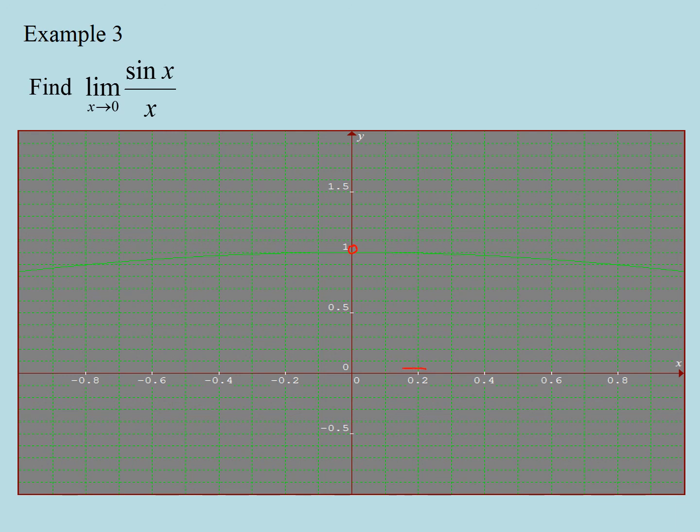If x is approaching 0 from the right, y is approaching 1. If x is approaching 0 from the left, the y values are approaching 1. Therefore, this limit does equal 1. It does not matter that the function is not defined at 0. It's what are we approaching? What are the y values approaching?